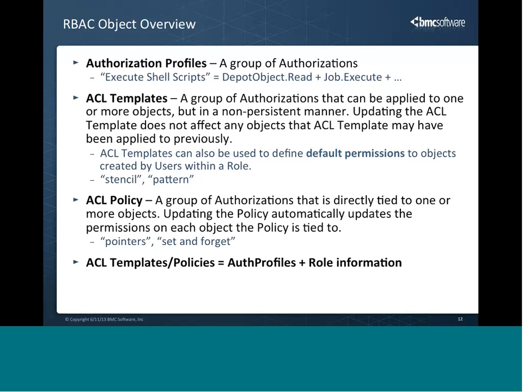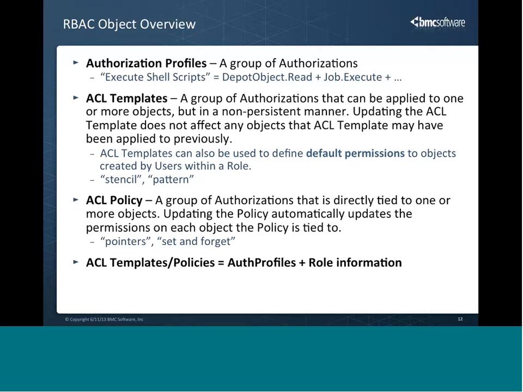An ACL policy is basically a policy-based way of applying permissions. It's a way of using this specific set of permissions that we want to use, and we're basically going to set a pointer. We're going to say this object is going to use the BL admins policy or the enterprise level objects policy.